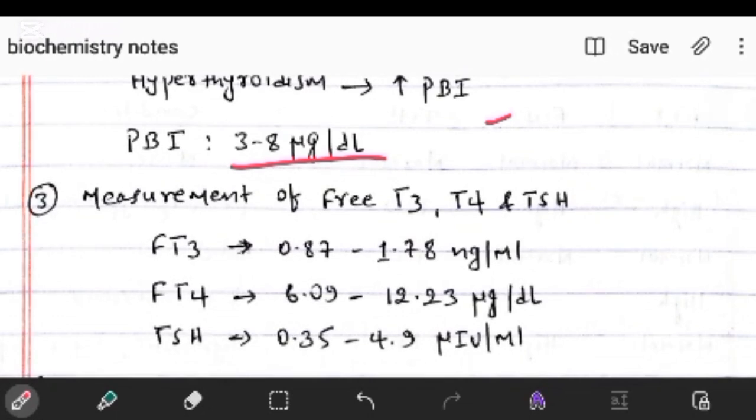Measurement of free T3, free T4, TSH. Free T3 normal range is 0.87 to 1.78. Free T4 is 6 to 12 microgram per dl and the normal range of TSH is 0.35 to 4.9.